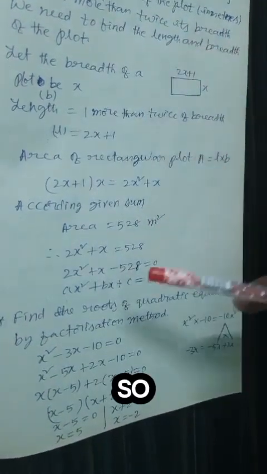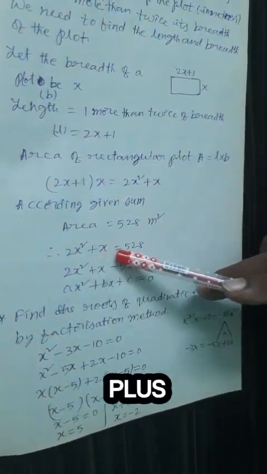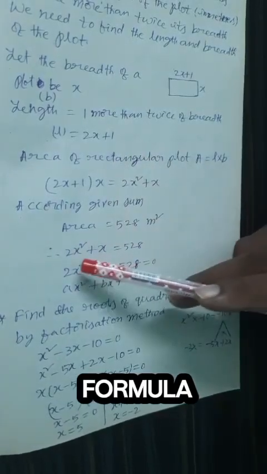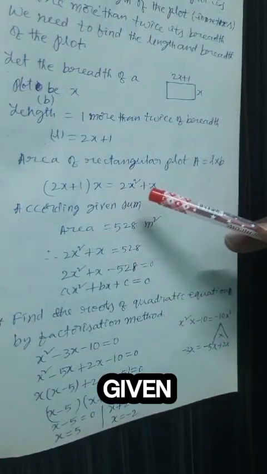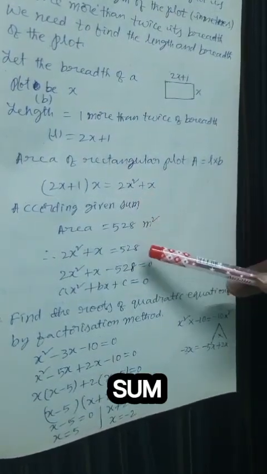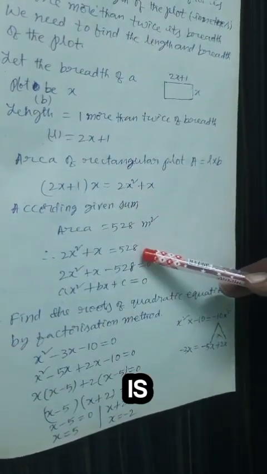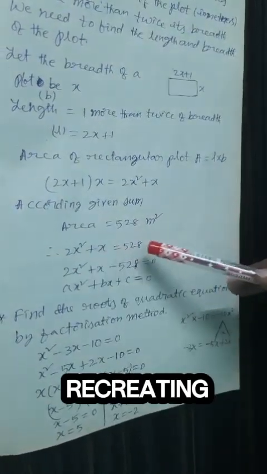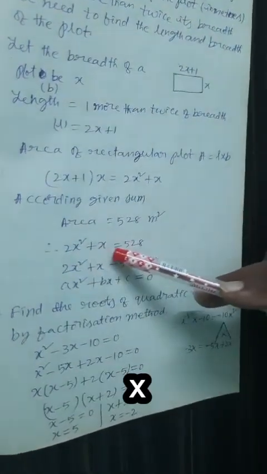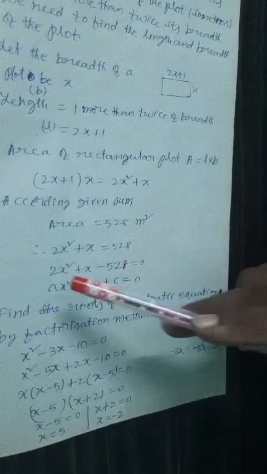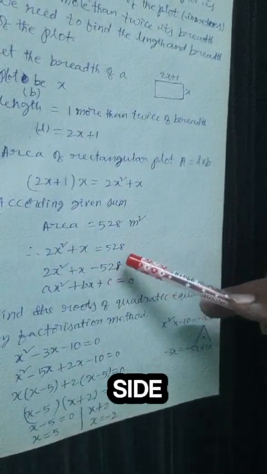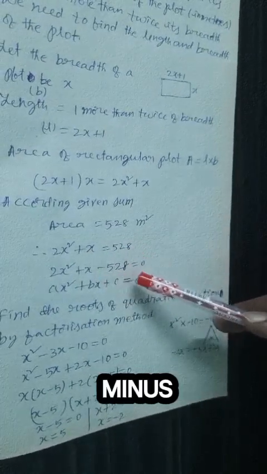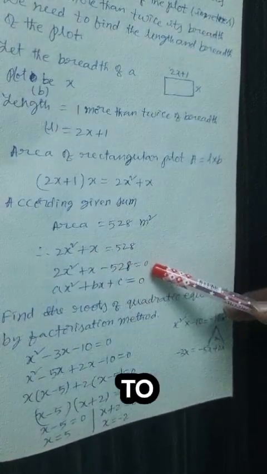So 2x square plus x, as per the formula we got, is 528, the given value. So we are equating 2x square plus x is equal to 528. After transferring to that side, 2x square plus x minus 528 is equal to 0.